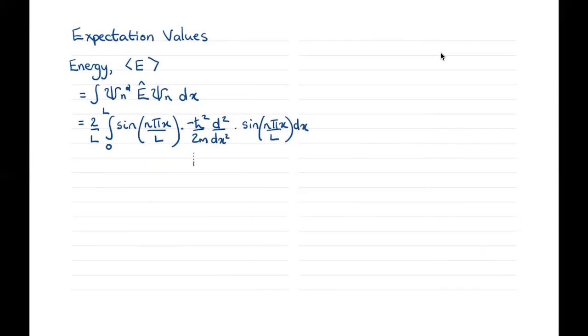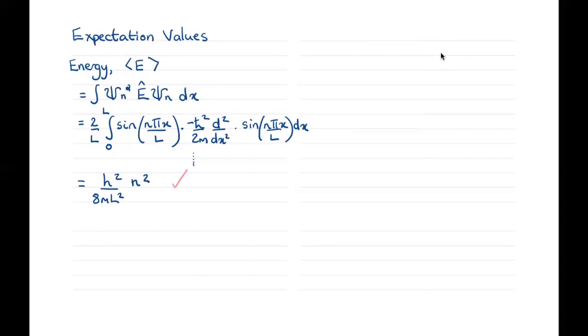I'll let you work out the details of the mathematics yourselves and simplify the resulting expression. And what you end up with is h squared over 8mL squared times n squared, which of course is exactly the same as the expression we obtained from solving the Schrodinger equation, because we're calculating the same thing. So this is good that we get the same answer.